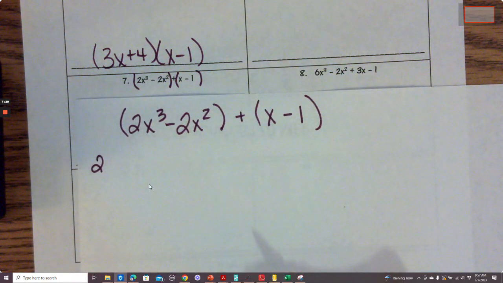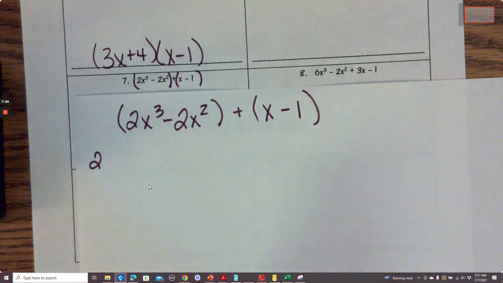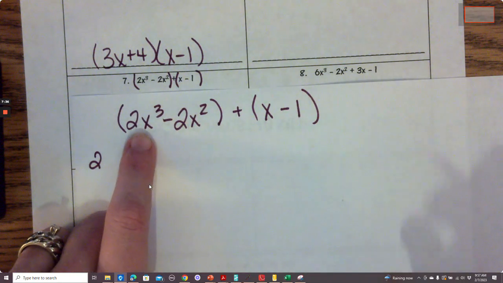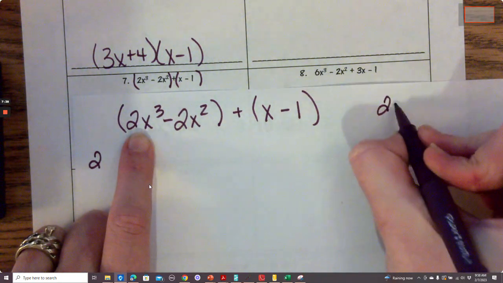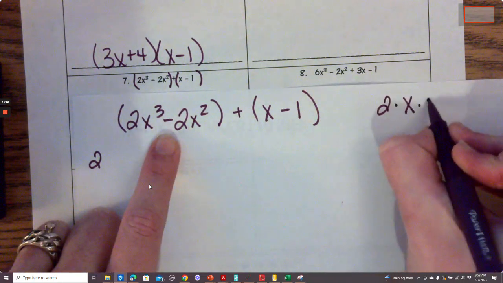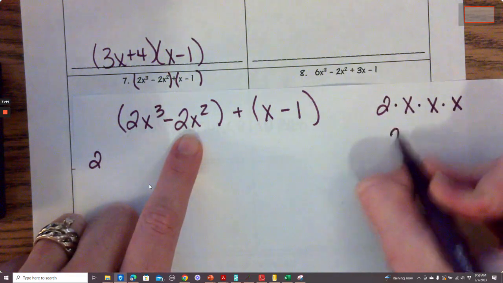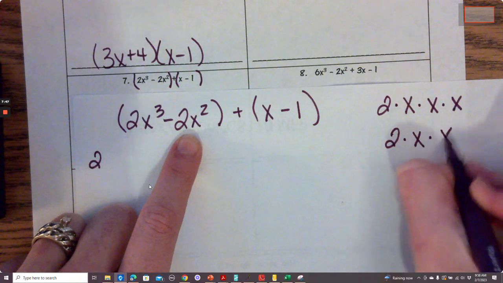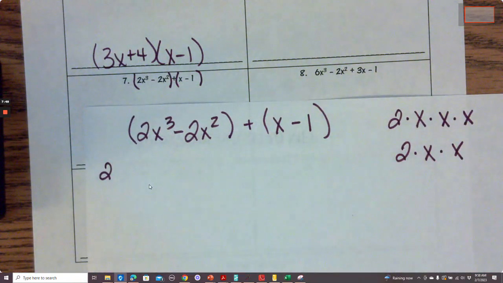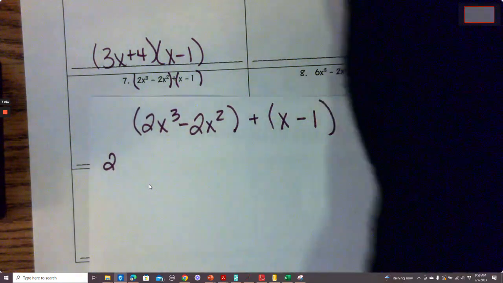What else, though? They've got x's. Another way you can look at this, 2x cubed, 2 times x cubed is x times x times x. 2x squared is 2 times x times x. You can factor, draw out each piece and kind of find your partnerships.